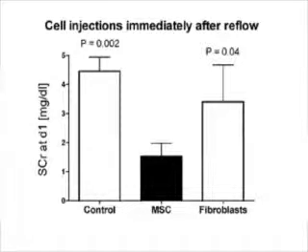And as you can see, the mice that received fibroblasts had a high level of creatinine, similar to control mice that did not receive cells, whereas the mice that received mesenchymal stem cells had a reduction in the creatinine level.